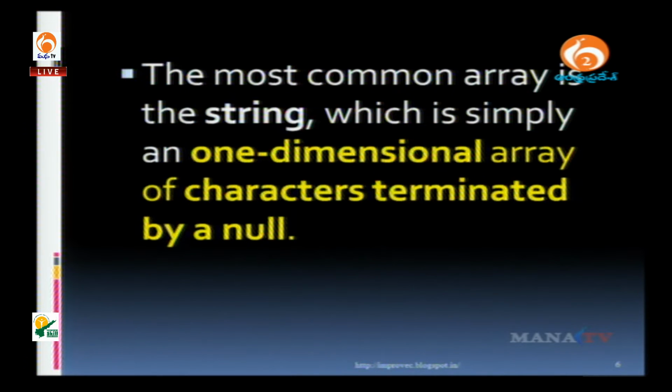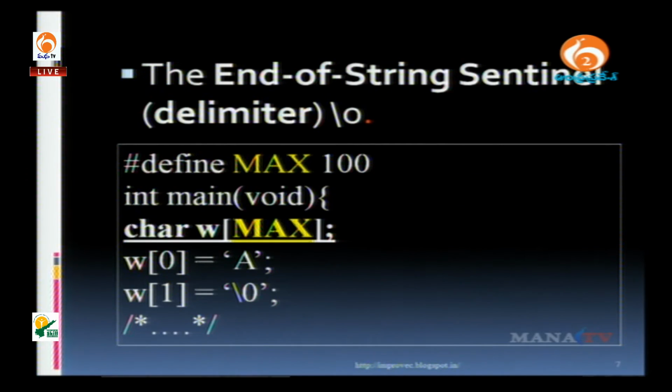Okay. The most common array is a string, which is simply a one dimensional array of characters terminated by a null. Mostly we write only a 1D character array. This is the declaration. Before writing this we have a macro definition, hash define max.